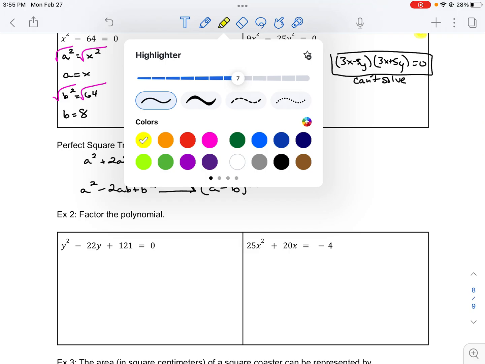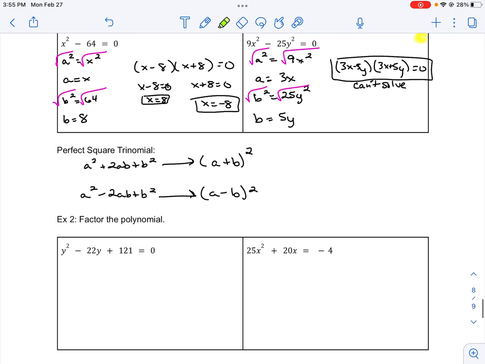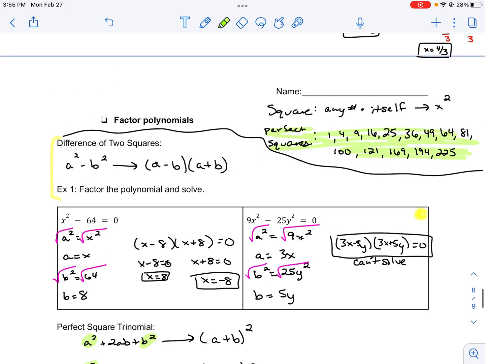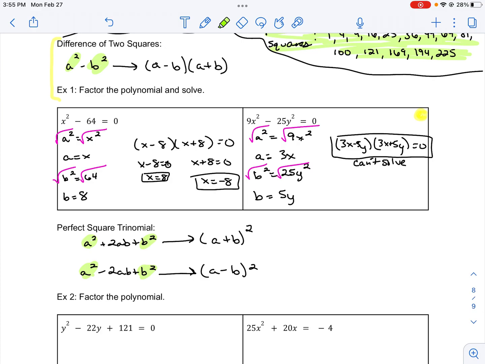You are looking for these perfect squares. So if you see a perfect square at the beginning and at the end, you know this special case is going to apply. Okay, so that's the trick with this.